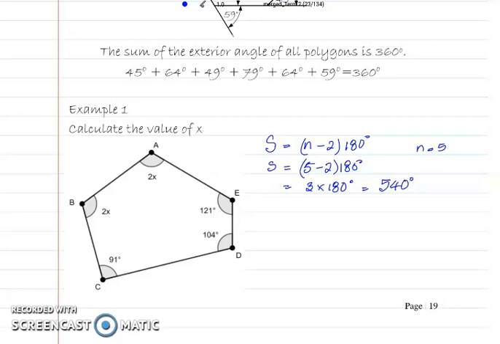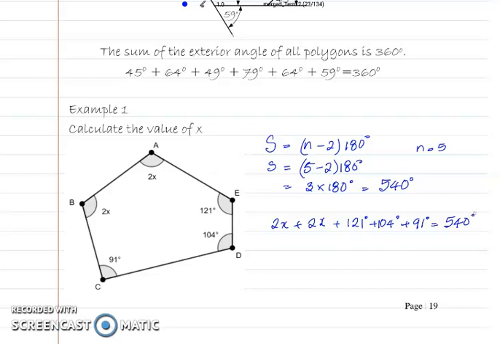Now, since the sum of the 5 interior angles is 540, it means that 2x plus 2x plus 121 degrees plus 104 degrees plus 91 degrees is equal to 540 degrees.